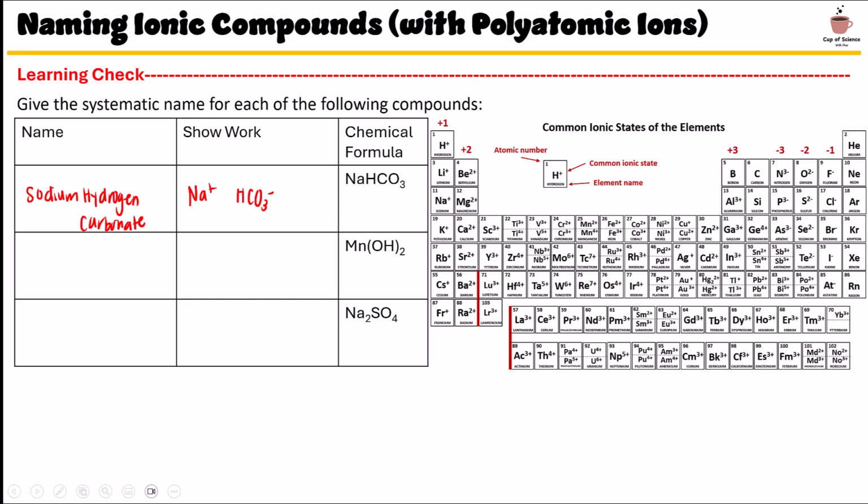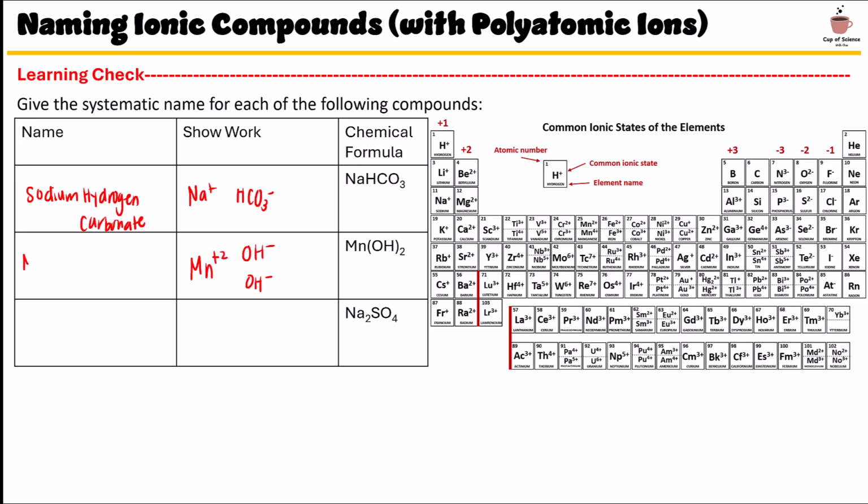Next one, MnOH2. So manganese, Mn, is located here. You could get +2 or +4. So here it's showing every one Mn. We don't know the charge yet, but there are 2 hydroxide. We definitely know the charges of hydroxide. It's OH minus. And so the Mn, manganese, must be +2.